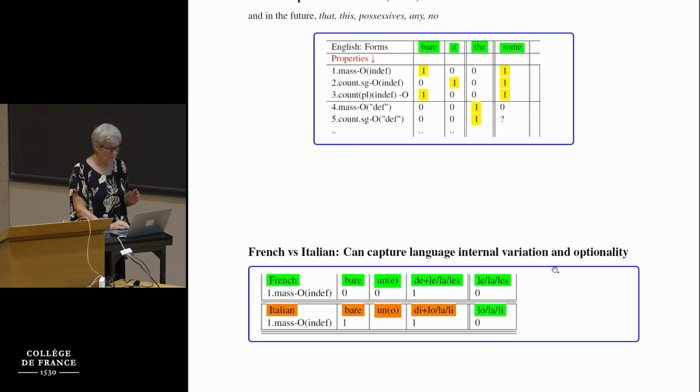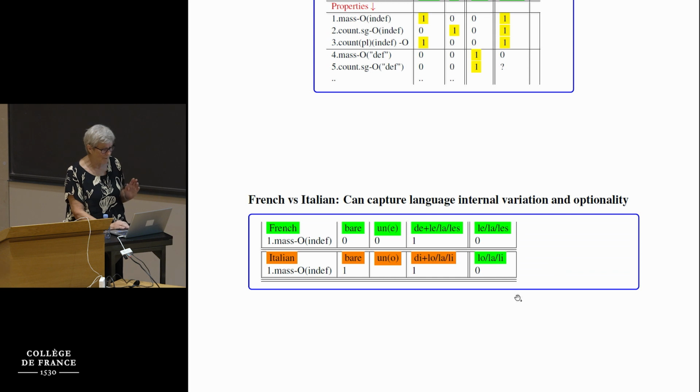So what it can do is it can capture language internal variation and optionality. So, you know, sometimes you can either have an article or not. So, for example, in French, yeah, again, these two are mixed up.